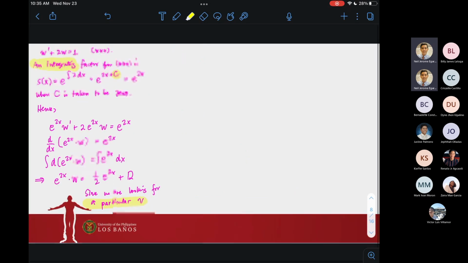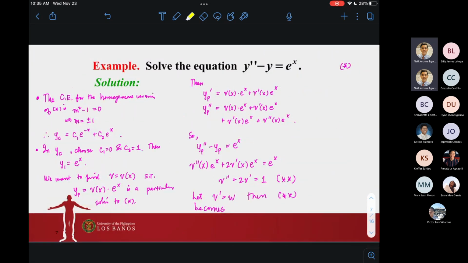And remember, we're still under the second bullet, which is finding y sub p, a particular solution. As long as we are in this second bullet, we can give specific values to the arbitrary constants that we will encounter, just to simplify calculations. Of course, you can keep them until the end. Pero para mas mapasimple yung solution, dahil particular solution, y sub p lang naman yung hinahanap natin, in turn, we're looking for a particular v, pwede ako ngayong mag-imbento ng values ng arbitrary constants, right?